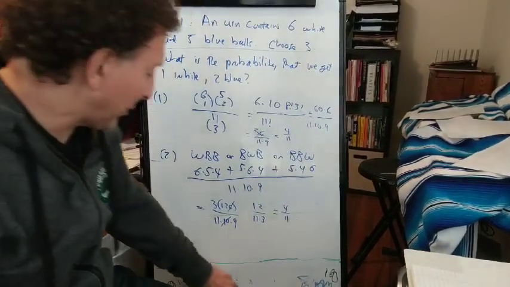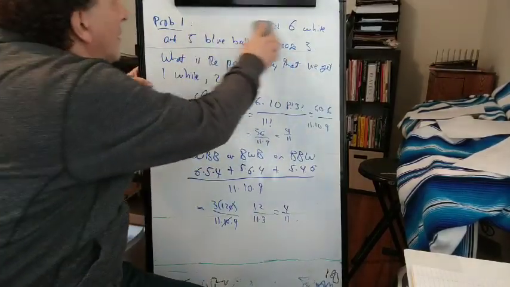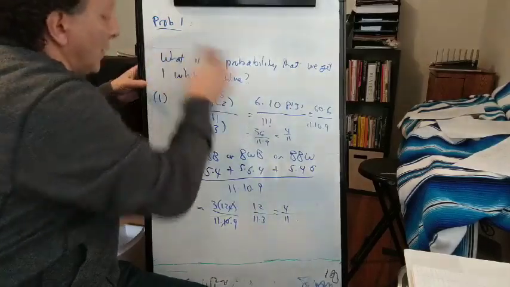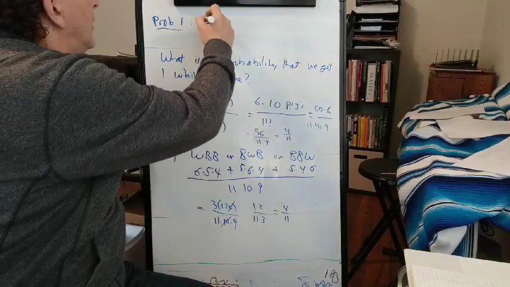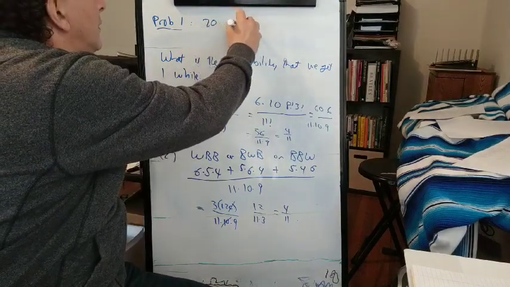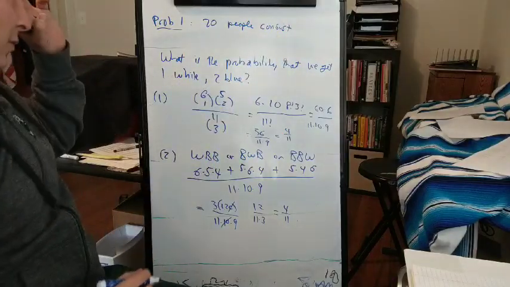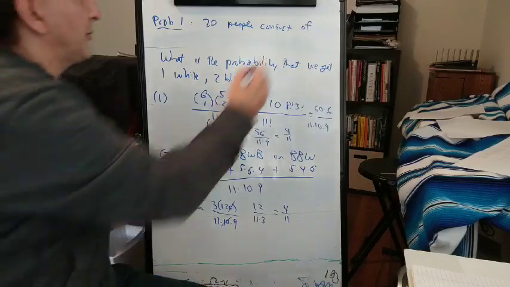Alright, let's do another problem that's kind of similar and that we can look at 2 different ways. Let's say we have 20 people, and these 20 people are actually 10 married couples.